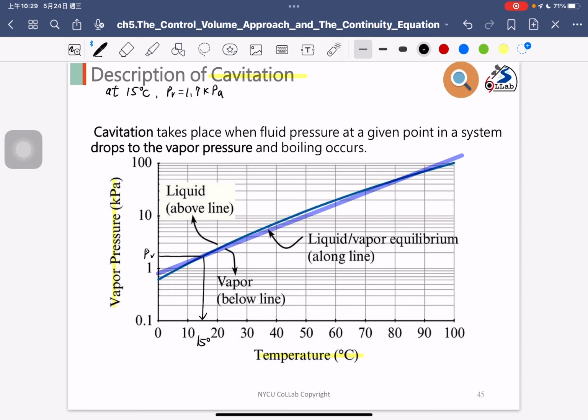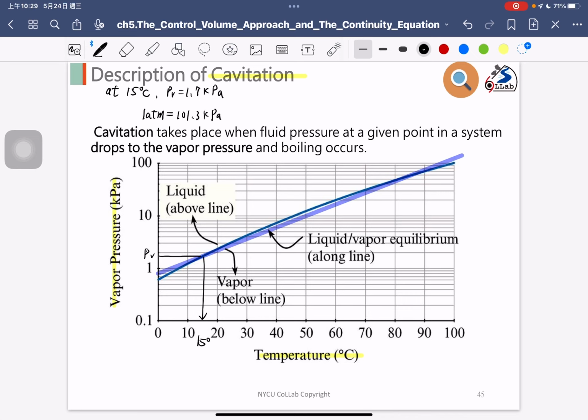And as you can see, if your environment pressure is lower than the PV I'm showing here, your liquid will move to vapor gas. So how large is it? As you remember, 1 atm equals 101.3 kilopascal.